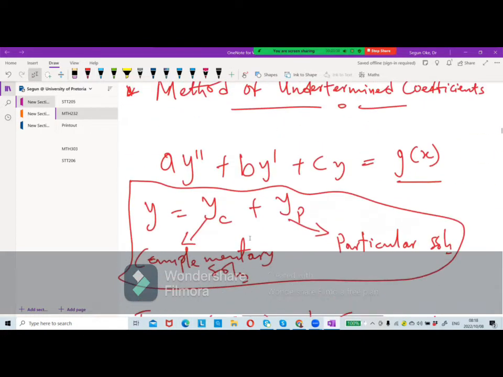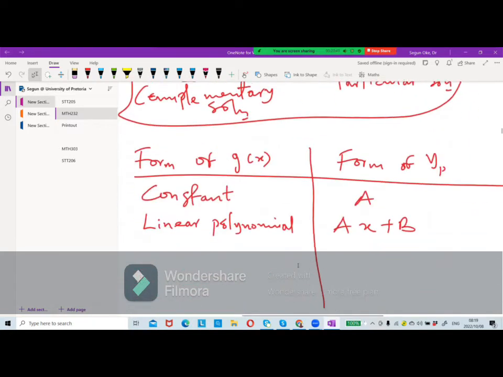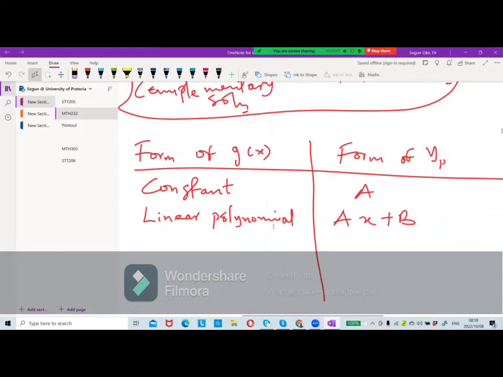Let's say if my g of x is a constant, I will represent it by A. But if my g of x is a linear polynomial, I will represent it as Ax plus B. Please take note of this.